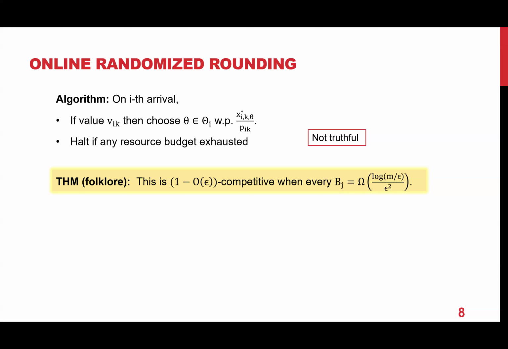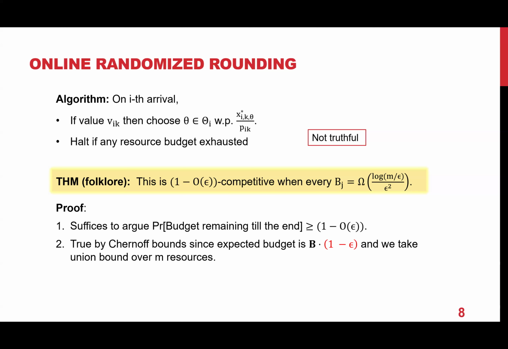These are sums of independent random variables. For the first request, it consumes this resource with some probability. For the second request, it consumes it with some probability. So if your expectation is b times 1 minus epsilon, what's the chance that you exceed b? This is the standard application of a Chernoff bound.